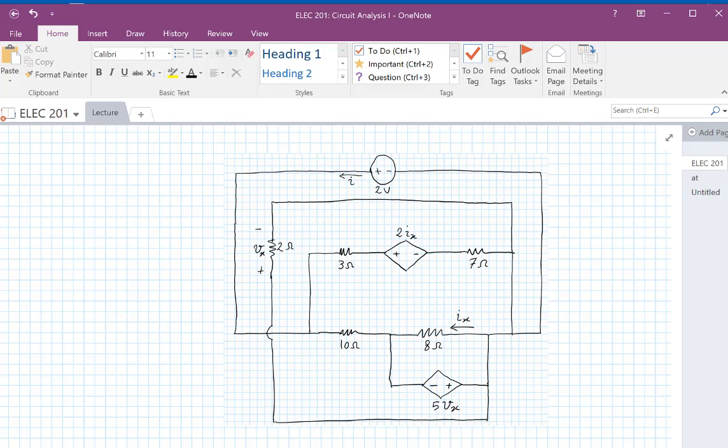And I'd like to ask you guys to try on your own a little bit. So solve this circuit to find current I. It's no different from the kind of things you would see on your homeworks, for instance. So it's just really meant to be a practice problem.